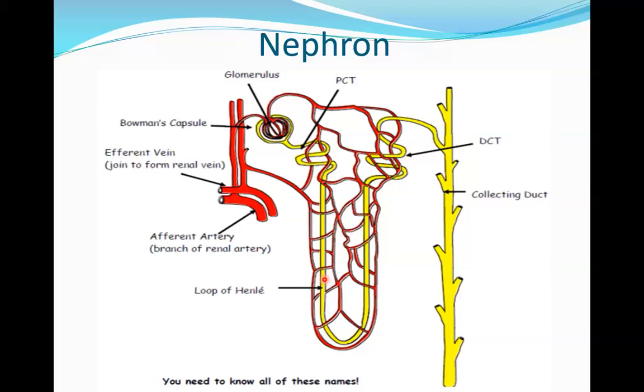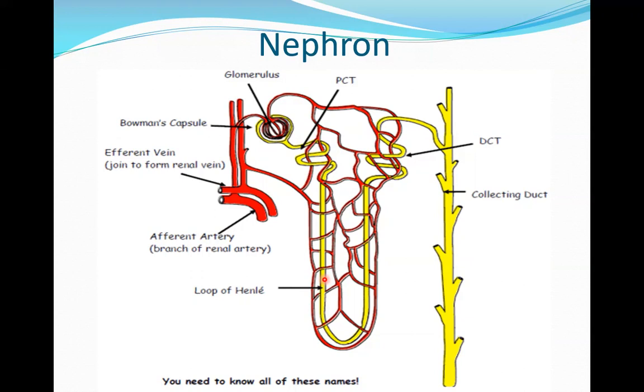So the important thing which you have to note here is the glomerulus is being supplied by the afferent arteriole, which goes in, and then the efferent arteriole goes out from the glomerulus after supplying the whole glomerulus, right?